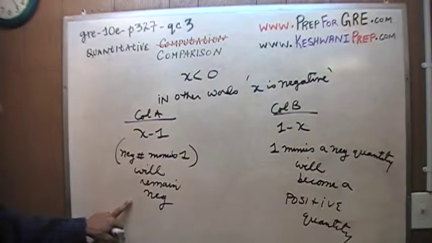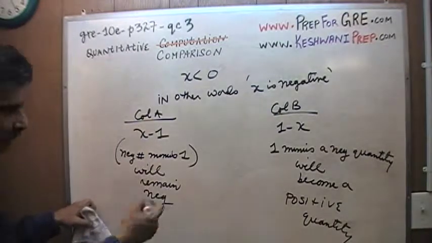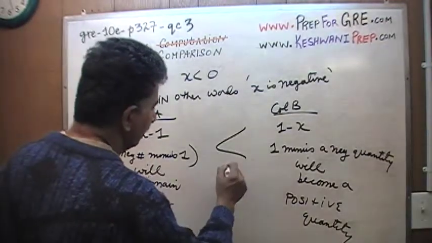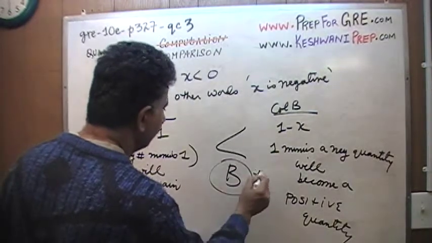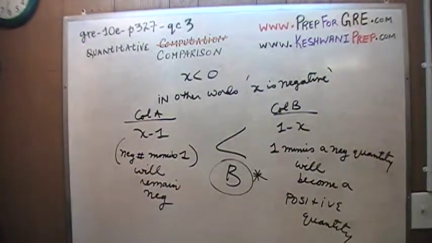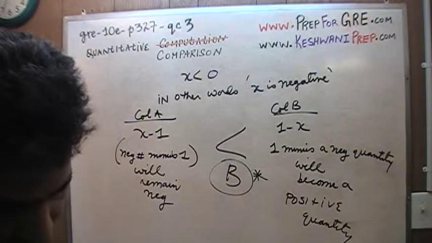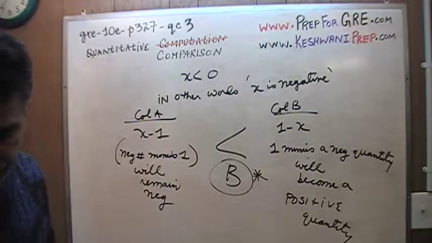Here we have a negative quantity. Therefore, since it's a positive quantity, the answer is B. And that's all, we are done. That's all there was. Let's go on to number 4.